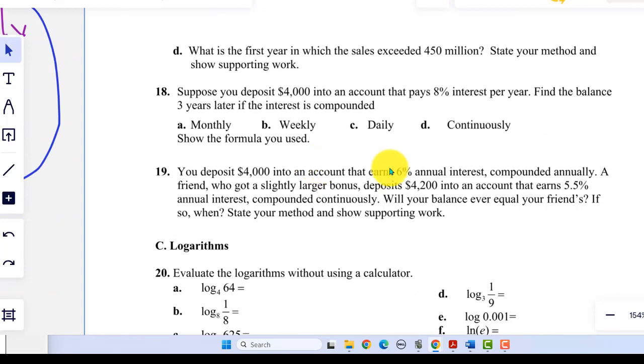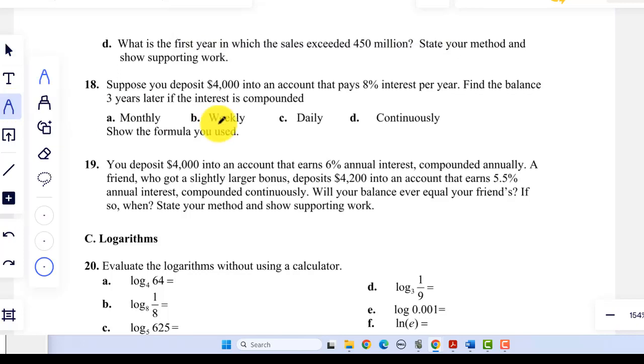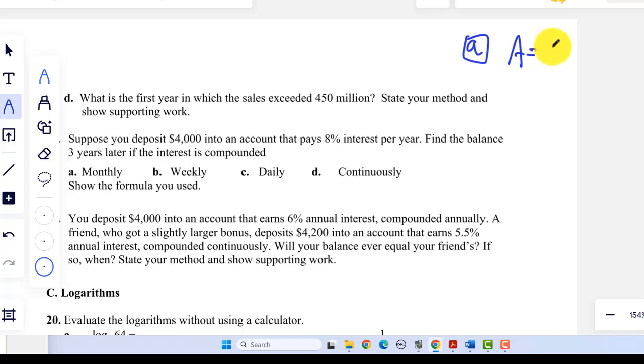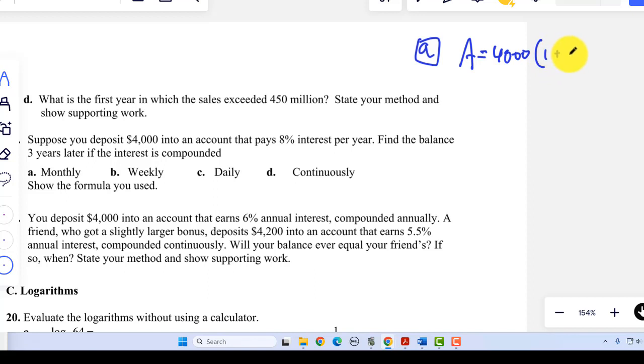All right, so if we look at the first problem, how much will we have if we compound monthly after 3 years? So for letter A, the amount in the future is the amount we start with now times 1 plus the interest rate, which was 8%, so I write 0.08 divided by the number of compounding periods.